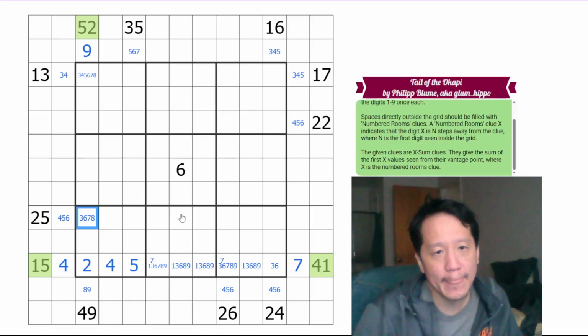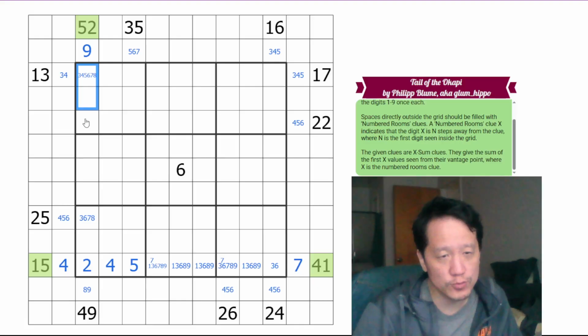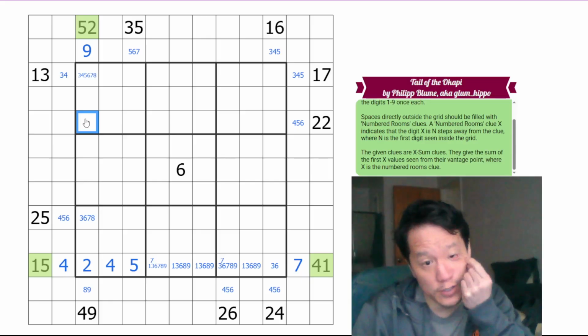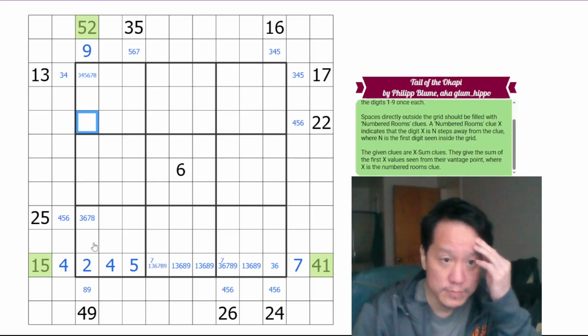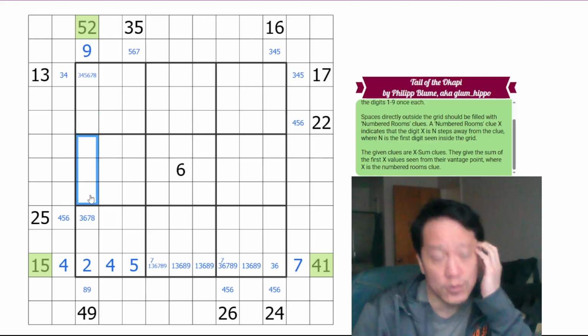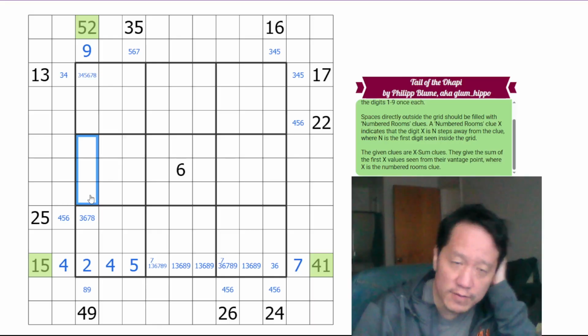Hmm. So again, this could be 8 if it's missing 3 and 1, which would mean 9 would be here. You'd have 4 and 5 being there. That could work.